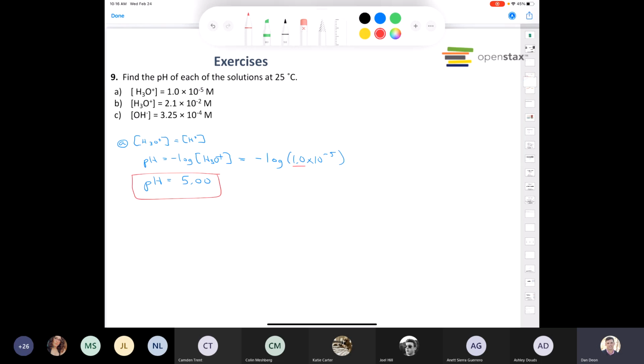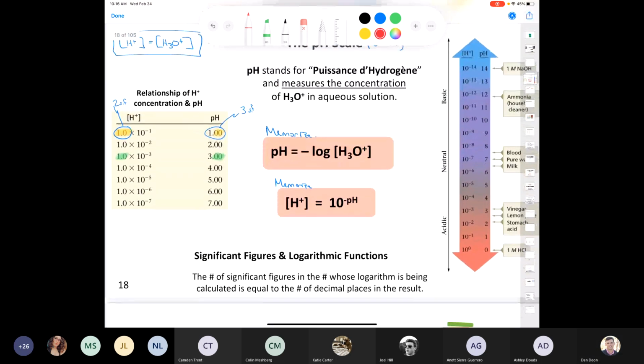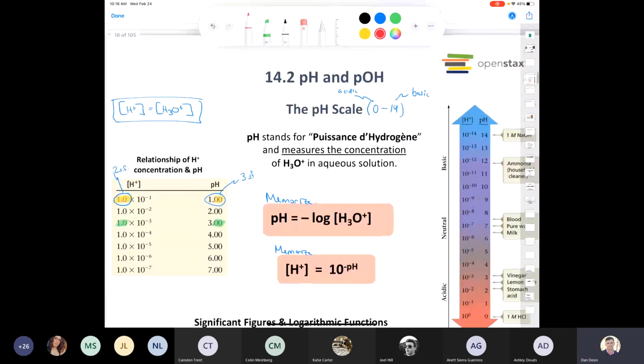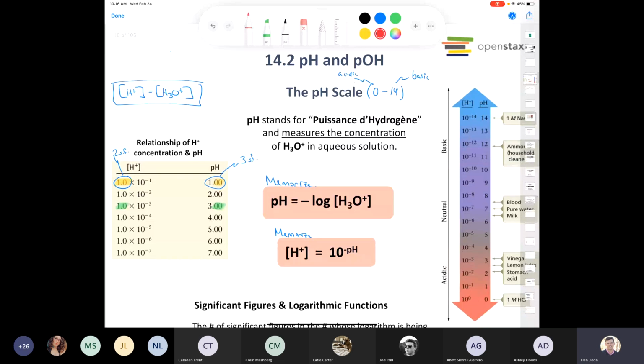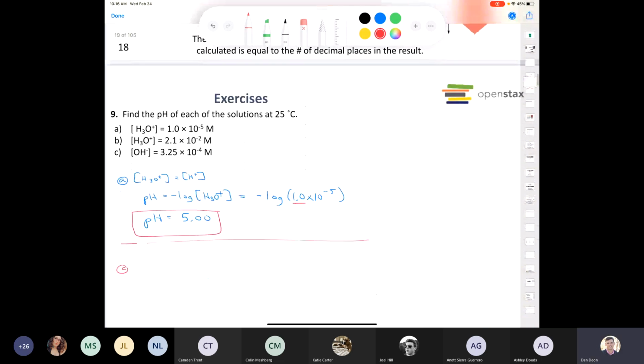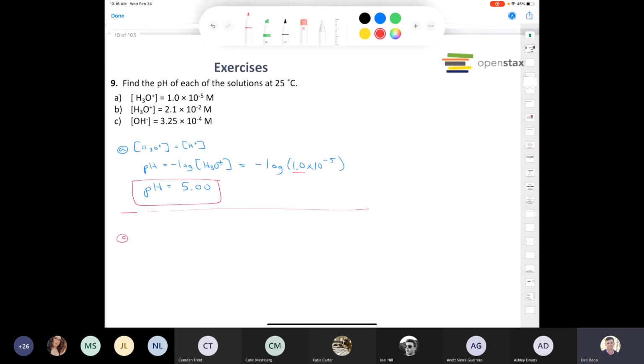Let's try C. Okay, so in C, we have a concentration of hydroxide. Now, there's a couple of ways that you can solve this. We can also have what's called pOH. Okay, so pH and pOH. I'll show you the answer a couple of different ways.